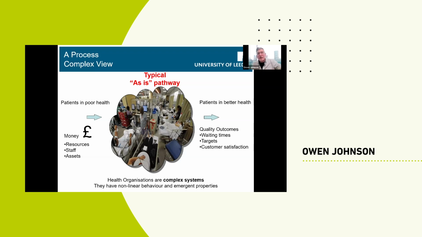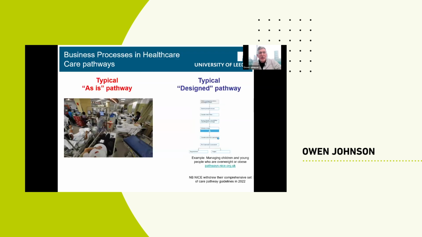So the as-is pathway is a bit more challenging. If I put the as-is pathway next to what a designed pathway might be, you might see, well, this looks like chaos, and this looks like utopia. How do we close the gap between the reality and the design?